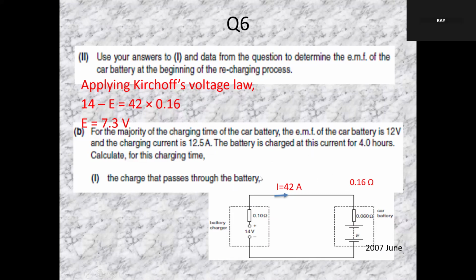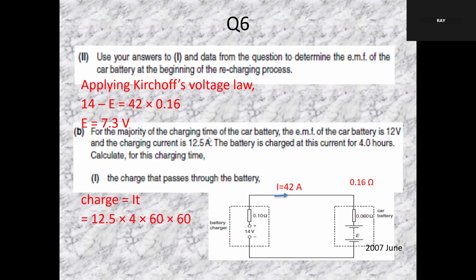The charge that passes through the battery. How to calculate the charge that passes through the battery? This one is playing with all the formula. Charge is Q, is it? Charge Q is current times T, right?